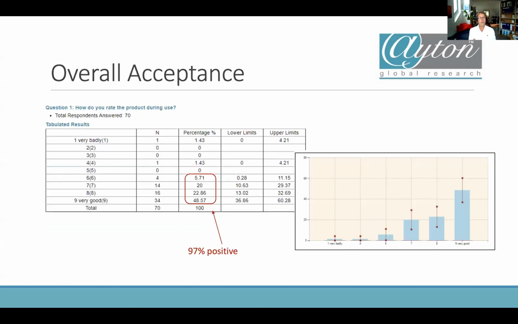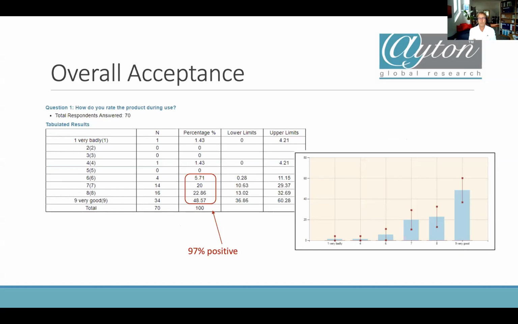So we sent out the products, and I'm sharing with you some of the key results. The first question was, how do you rate the product during use, just to get a feeling for whether this is a good product or not? We had a typical nine-point scale from very bad to very good.